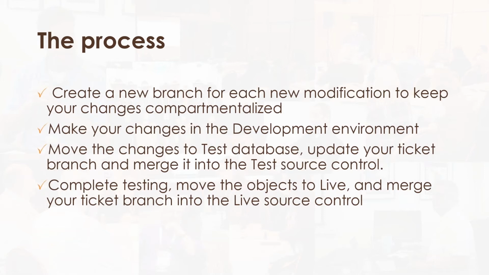You'll update the ticket branch that you created in the first step, and you will check that ticket branch into your test source control. When you're checking objects in, you'll want to add a concise check-in message, but make sure it's at least somewhat descriptive. The more descriptive it can be, the better off you are when reviewing the history of these objects.